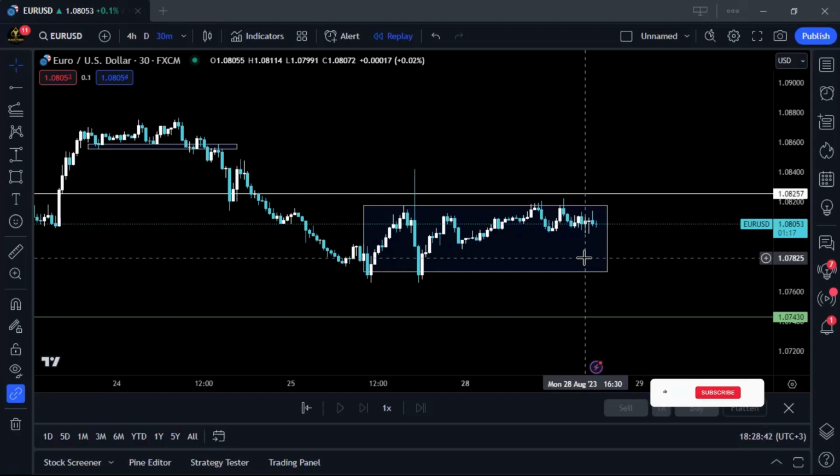So we need to always focus on the daily time frame and 4 hours for the bias. If you take even an aggressive entry, it's not so bad as long as it's confirmed on the daily and the 4 hours, because the higher time frames will push the lower time frames more times than the lower time frames will change against the higher time frames. So the odds in the long run will still be in our favor.